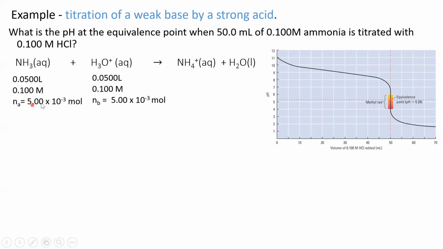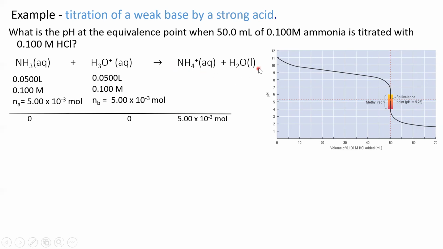So all of our base is reacted. All of our acid is reacted at our equivalence point. But we're going to have ammonium ions left in the solution. Now, we can't figure out the pH directly from this number because the ammonium ions, well, that's not hydronium or hydroxide.